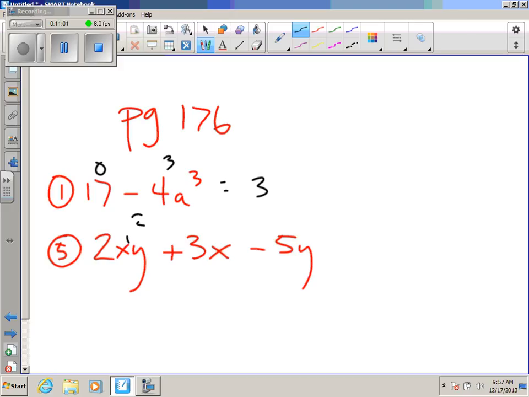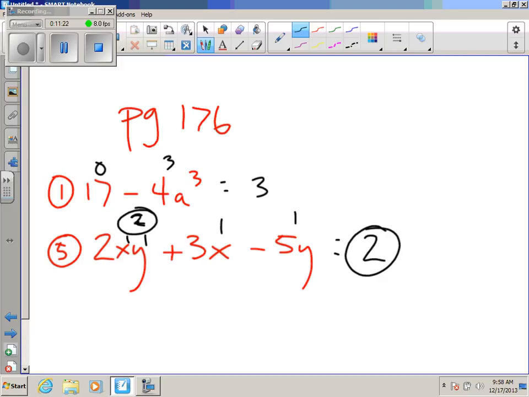Because 1 with the x, 1 with the y. How about with the 3x? How about the 5y? 2. Not 4, but 2, because we go with the biggest one. Okay, remember that a little bit now? Good.